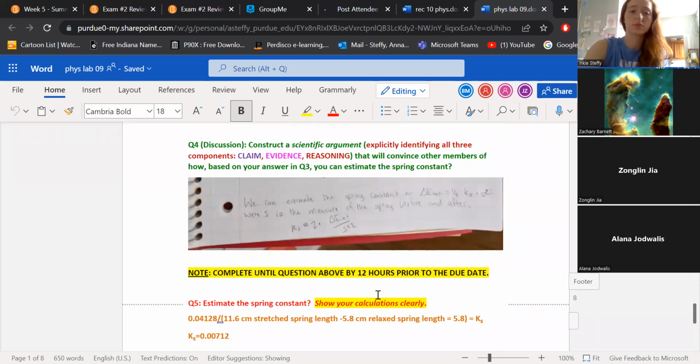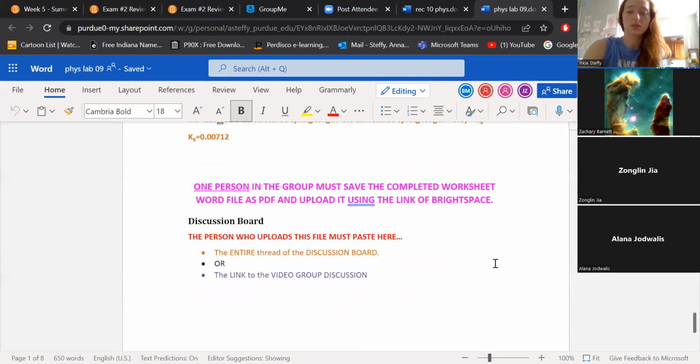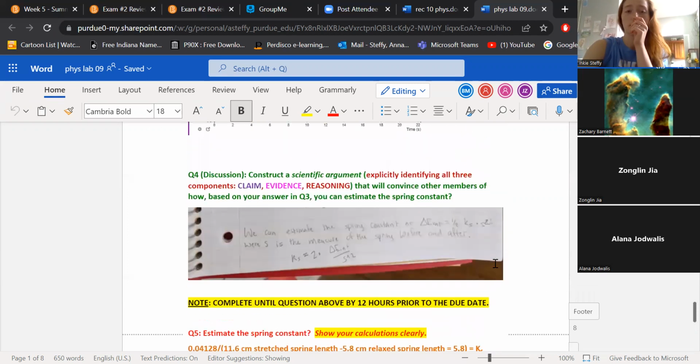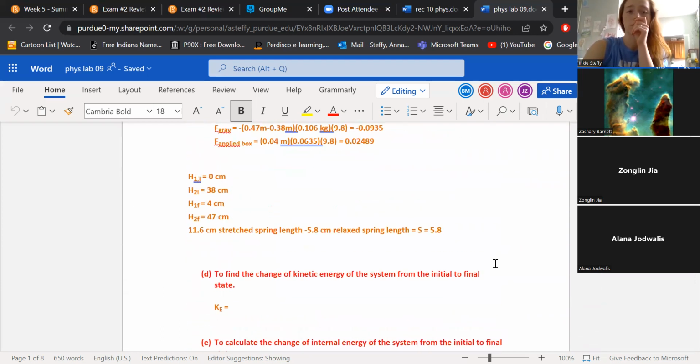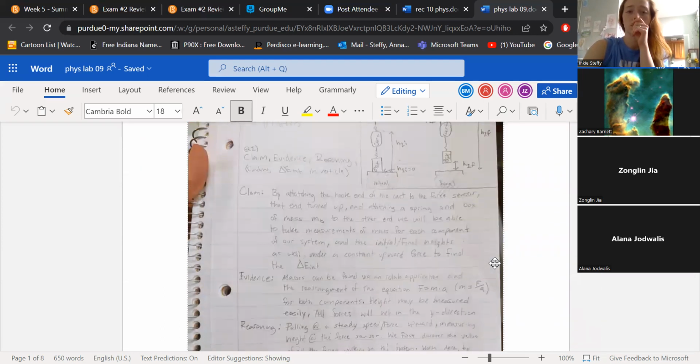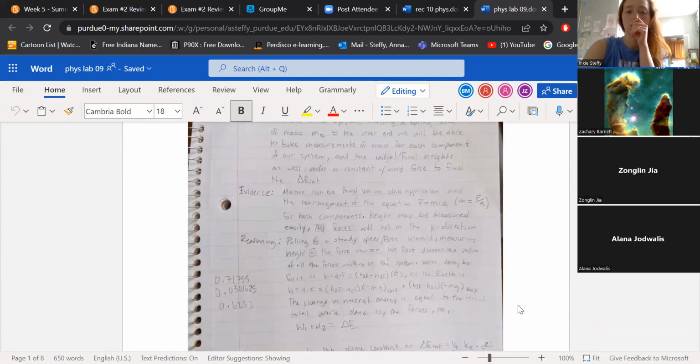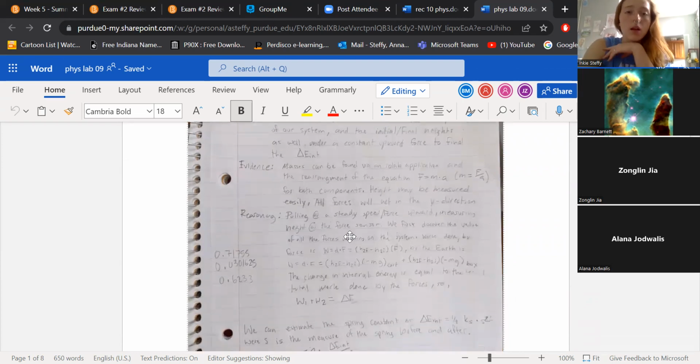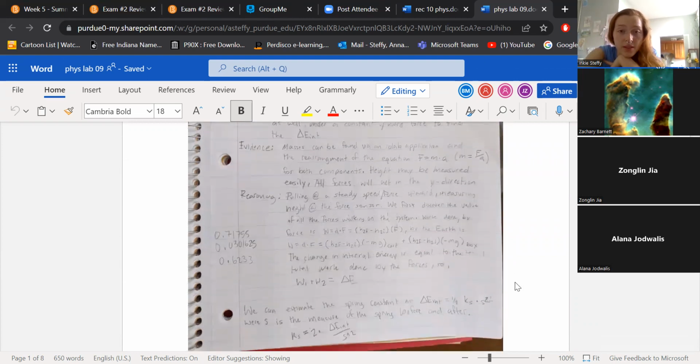Wait, I have a question on the first discussion prompt. What equation did you use to find the change in internal energy? Or what forces? I think I might have missed a force. So, pulling at a steady speed, force upward, measuring height with the force sensor. We first discovered the value of all the forces working on the system.